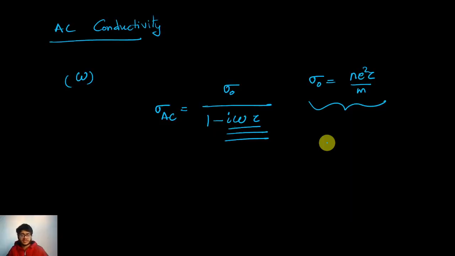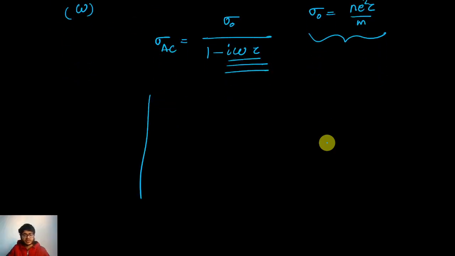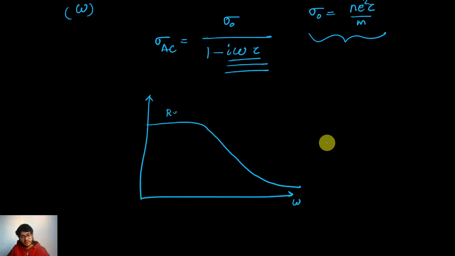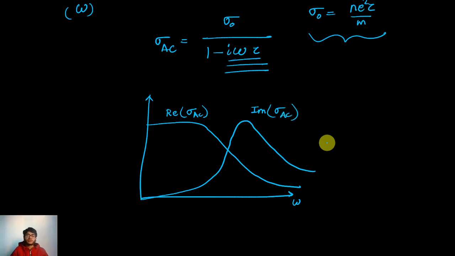It can be simplified to show that as we increase omega, the real part of sigma AC will drop, and the imaginary part will have a peak somewhere. The real part is the normal conductivity we are interested in.